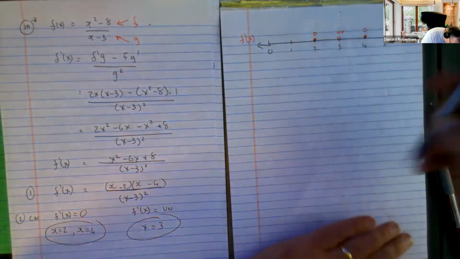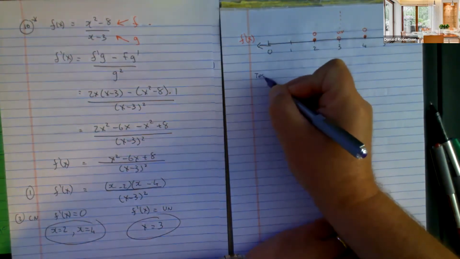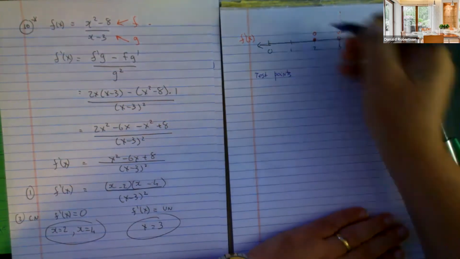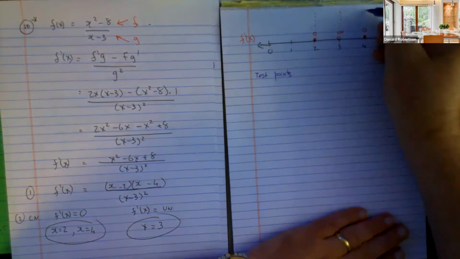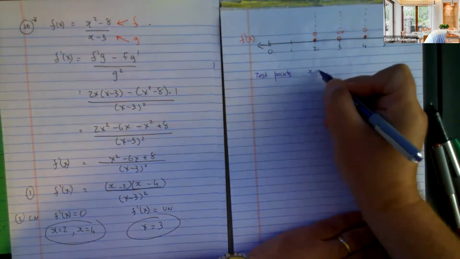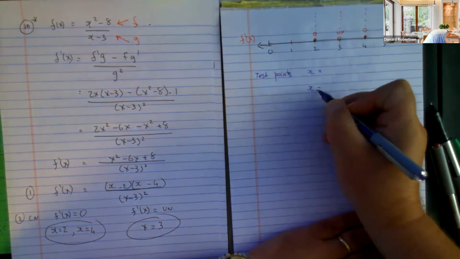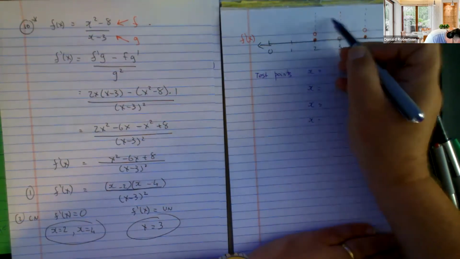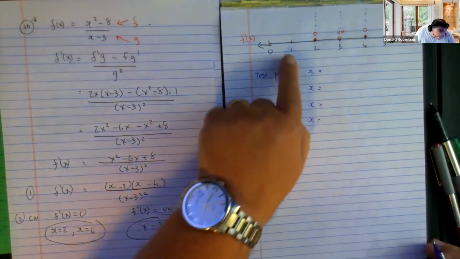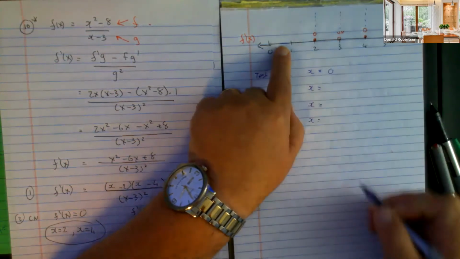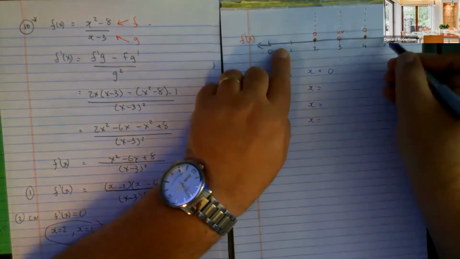Now I need to do some test points. There's 1, 2, 3, 4 regions. So I need 4 test points, one from each of these regions. This one's the easy one. I could pick 0 or 1. I'm lazy, I'll pick 0. And the last one is pretty easy.